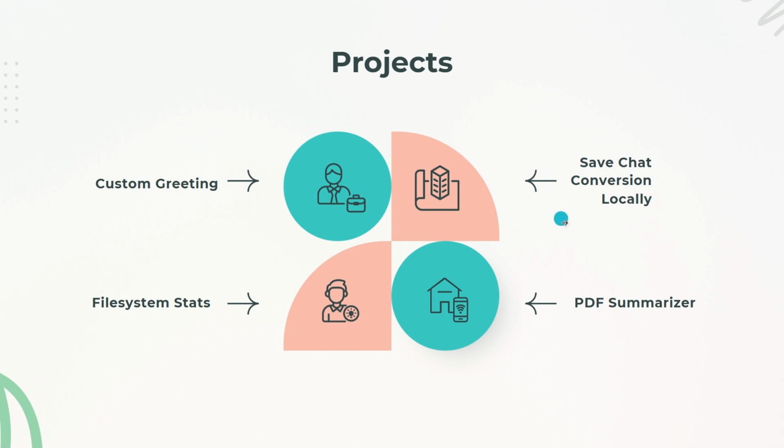So we can prepare a file system MCP server which will take all the chats in the session and save them into a text file locally. And the last example will be a PDF summarizer. We can have a PDF and ask Claude to summarize it whenever we provide a context or a question which matches our keywords, which we will be configuring in our MCP server. So let's get started.